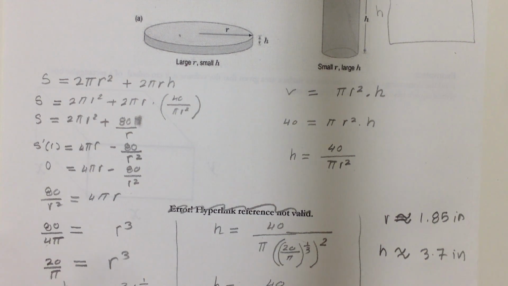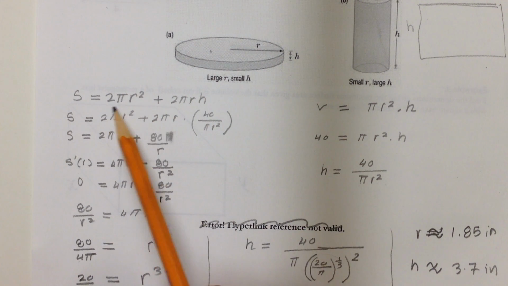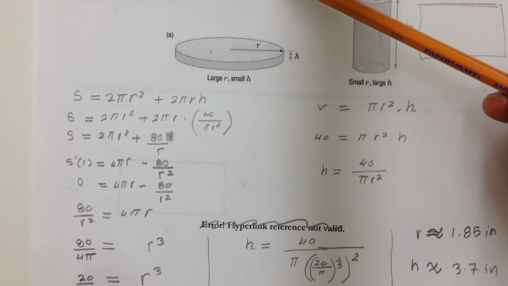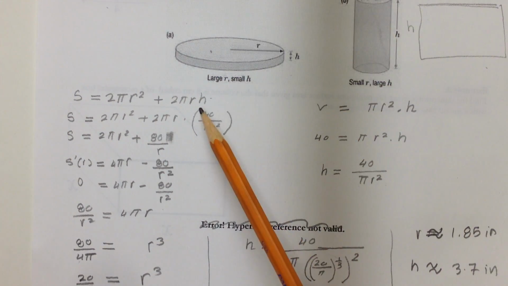So to recap how we optimize any types of problems, we start off with a formula of what we're trying to optimize, either maximize or minimize. Usually this formula will involve two variables.